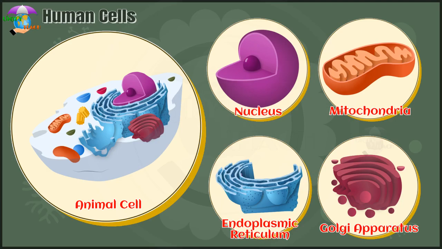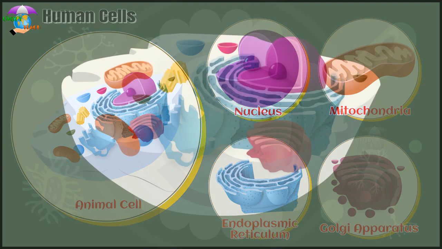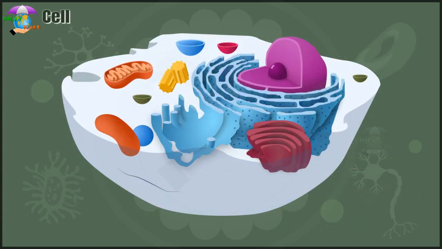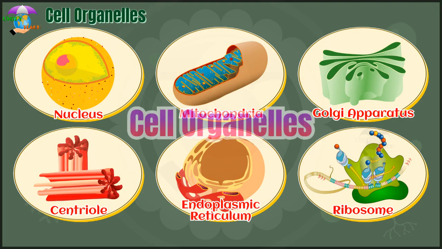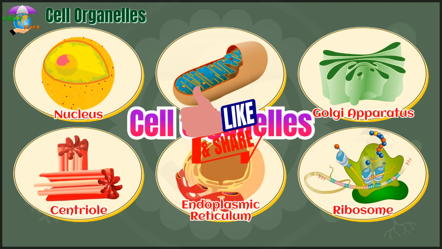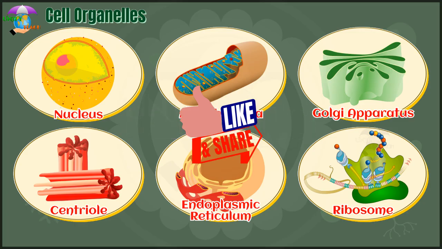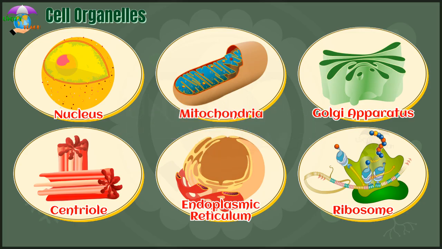Even though there are many different types of cells, there are some components common to all types of cells. What's inside a cell? Inside a cell, there are many tiny structures called cell organelles. These organelles are responsible for providing the needs of the cell.